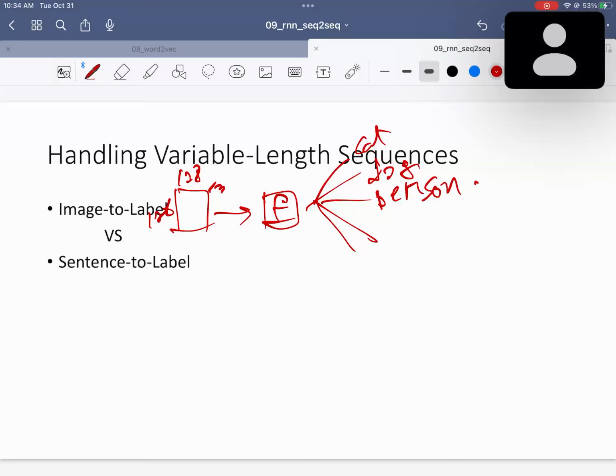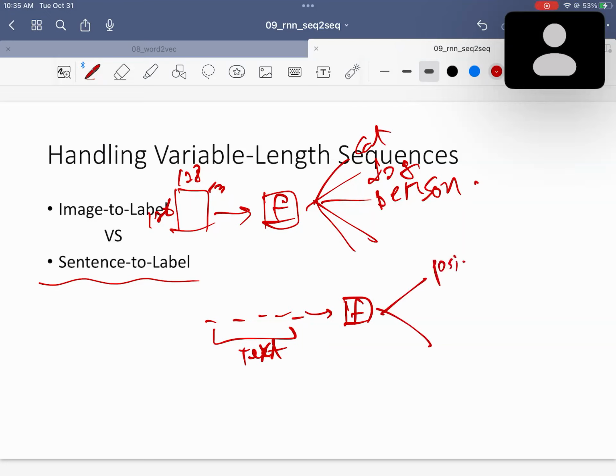So that's how image to label is usually handled: you assume that the input is fixed. But for sentence to label, you don't know how long the sentence will be. For example, a text comes into a model, and the model has to classify whether it's a positive or negative sentence. It's a sentiment classifier. You don't know how long the text will be during inference in the test phase.